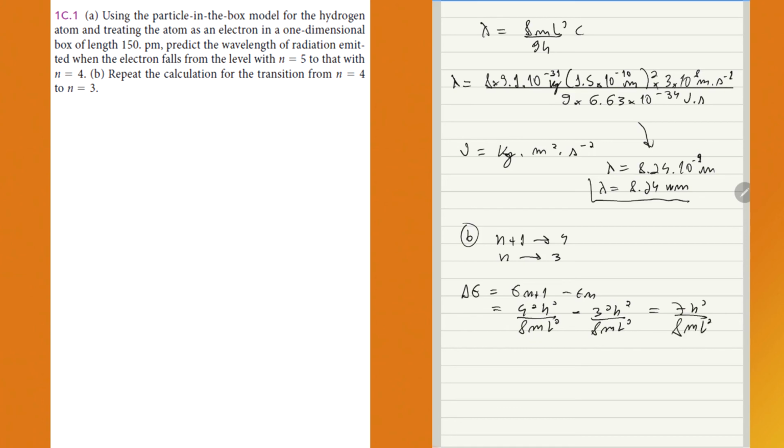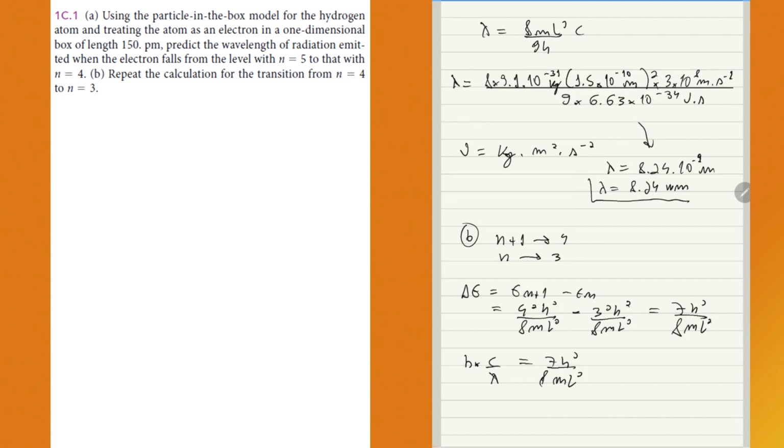But the variation of energy is equal to h nu, but h nu, as we saw, is equal to h c over lambda, and this is equal to this.